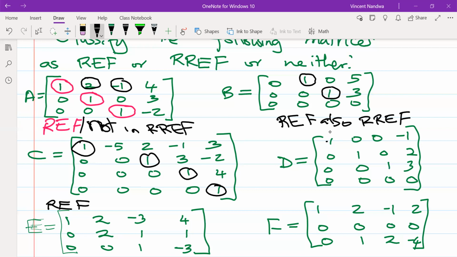Is it in reduced echelon form? No, because for instance, you see there's a 2 here, there's 3, -1, there's 4, -2, 3. So not in reduced row echelon form.